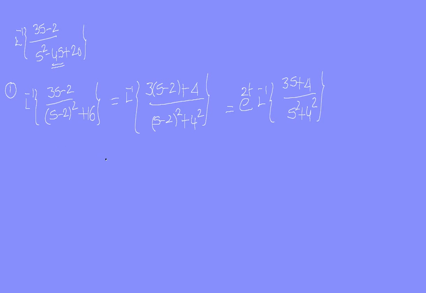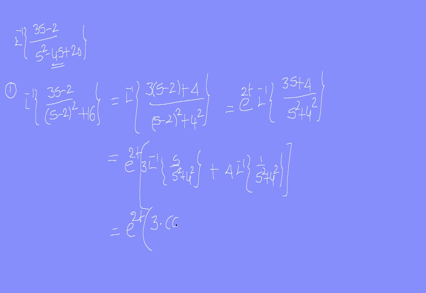This is equal to e power 2t into 3 into L inverse of s by s square plus 4 square plus 4 into L inverse of 1 by s square plus 4 square.